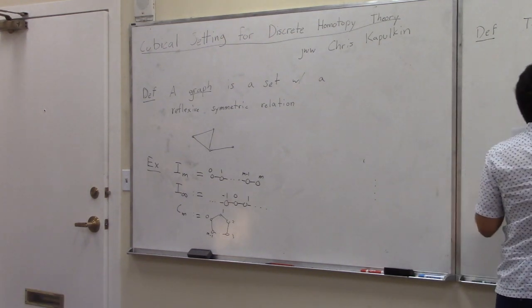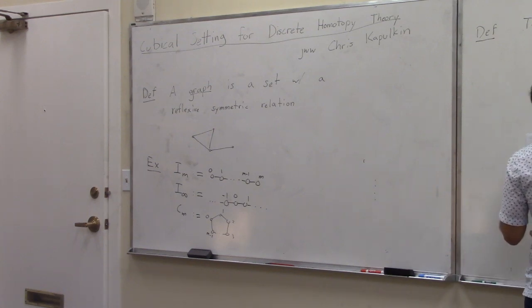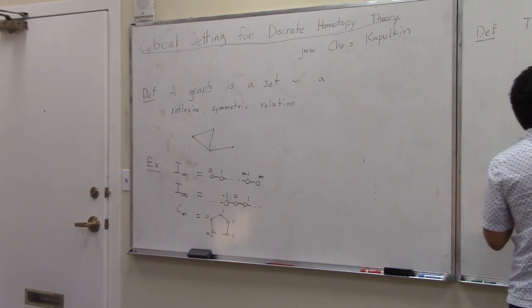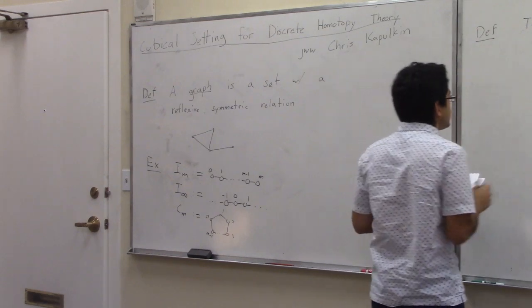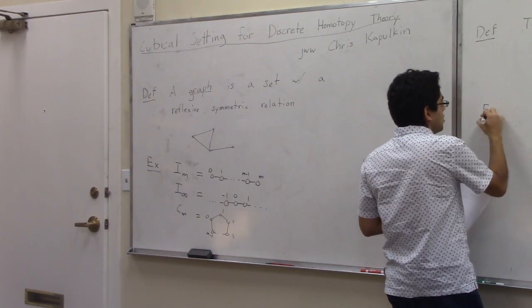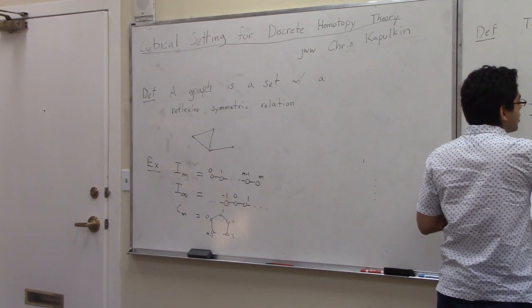I'm going to say these two are connected in two possible scenarios. The first is if their first components are equal and their second components are connected by an edge in H. And the second condition is if their first components are connected by an edge in G, and their second components are equal. Let's just see an example of this. The example I want to go through is I1 tensored with I1.